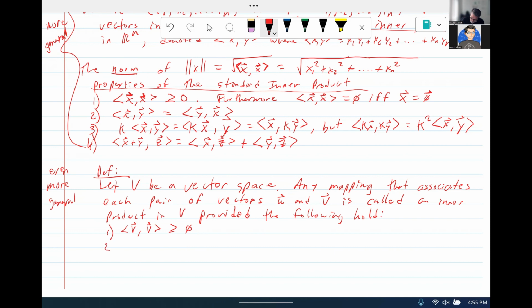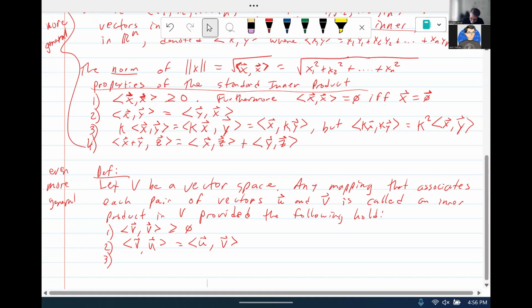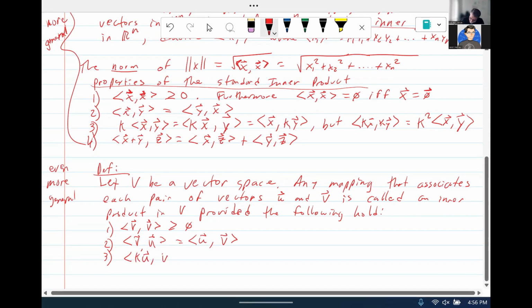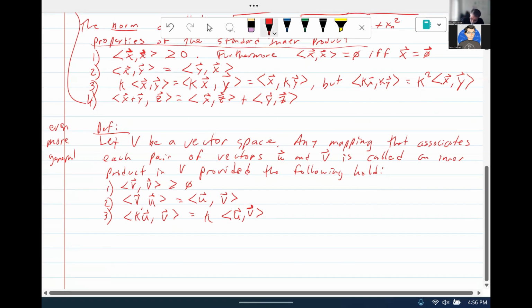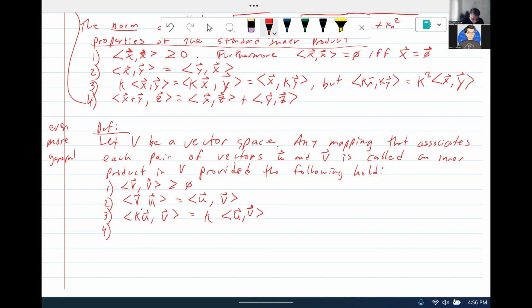Two, very similar to what we've been working with before, V inner product with U is equal to U inner product with V. Three, the inner product kU, V is equal to k times the inner product of U, V. And because it's commutative from above, you could do that with V as well, just put V first.